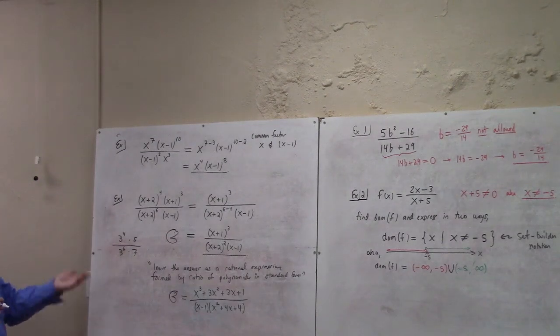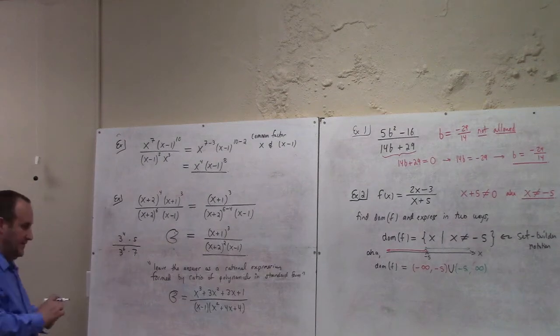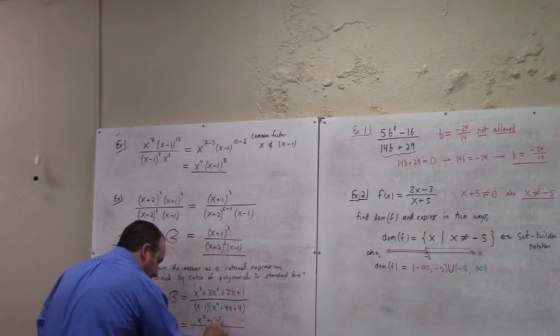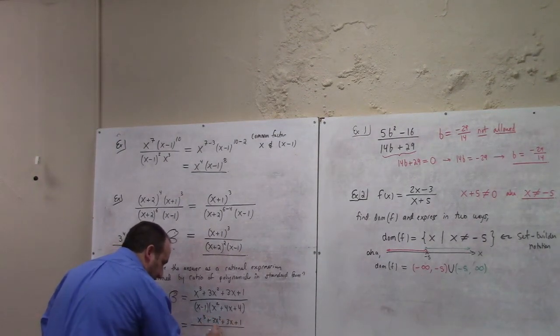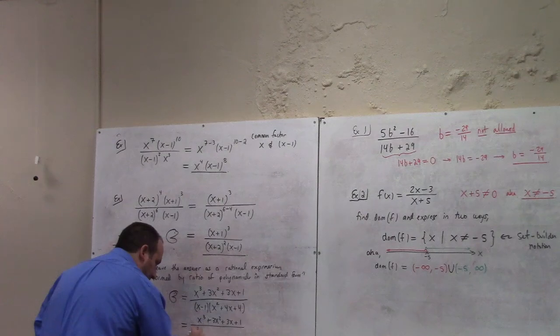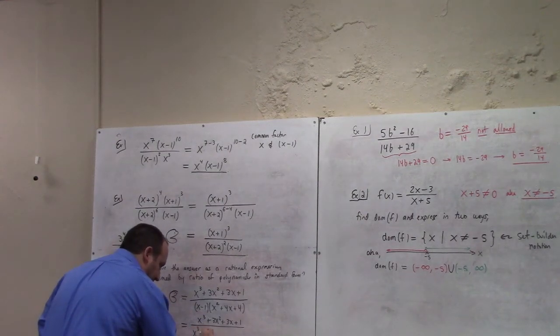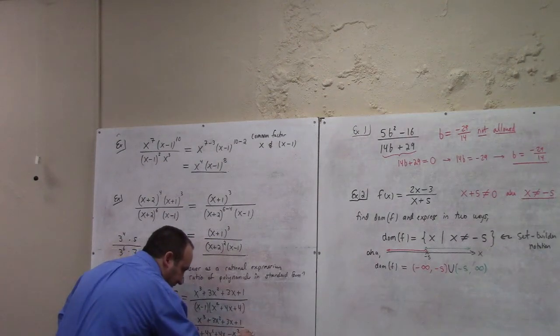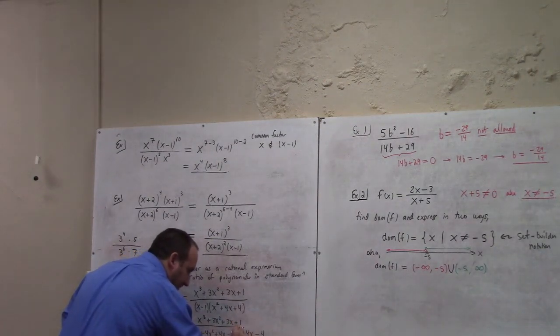I'm still not done. I still have to multiply out that pesky denominator. And so I've got x cubed plus 3x squared plus 3x plus 1. Downstairs I've got x cubed plus 4x squared plus 4x minus x squared minus 4x minus 4. How did I multiply?